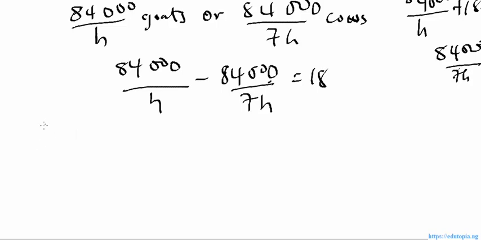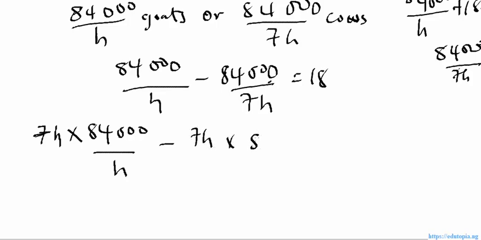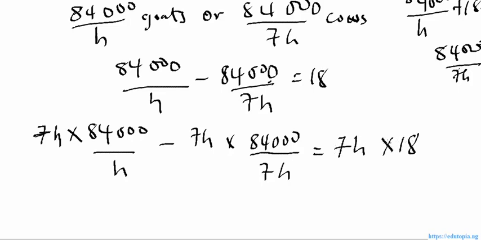So 7H times 84,000 over H minus 7H times 84,000 over 7H is equal to 7H times 18. Now H cancels H, and here we have 1.